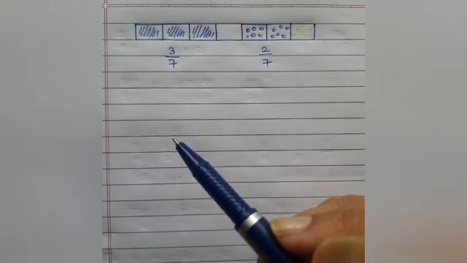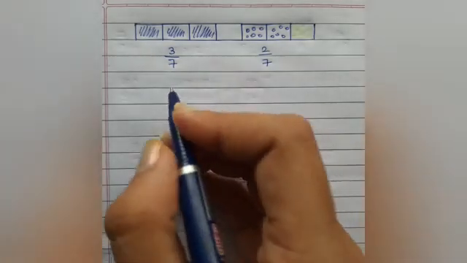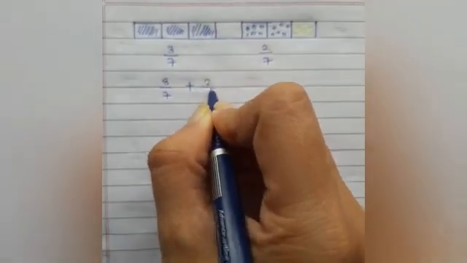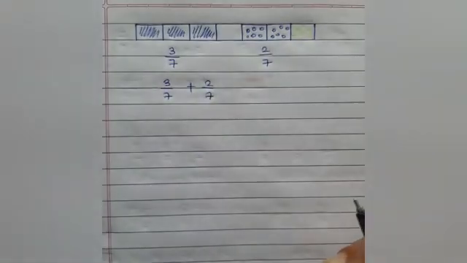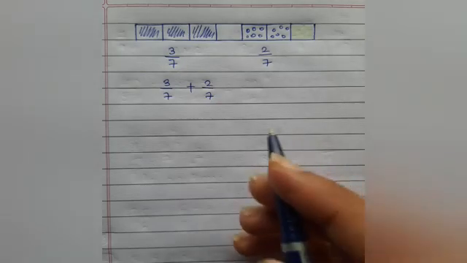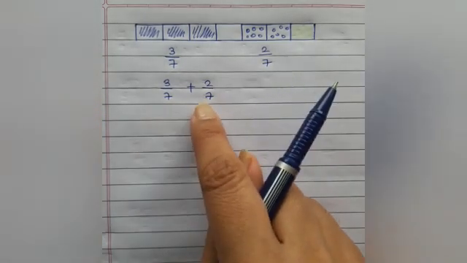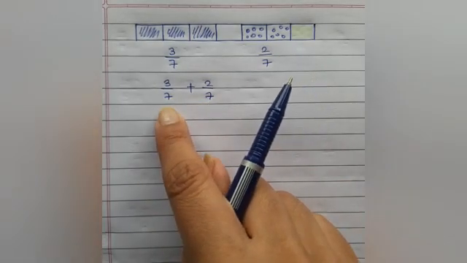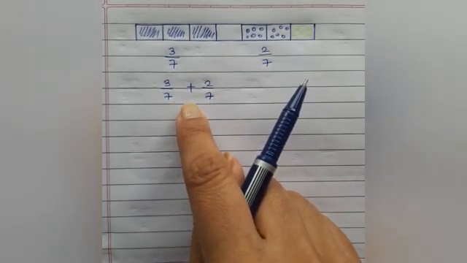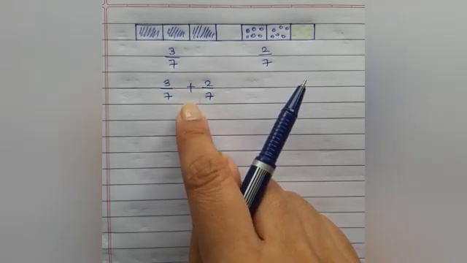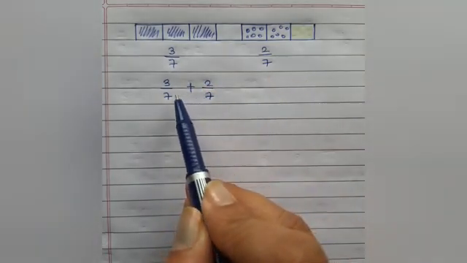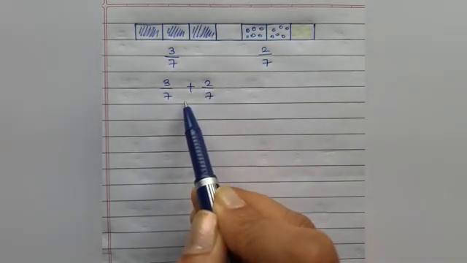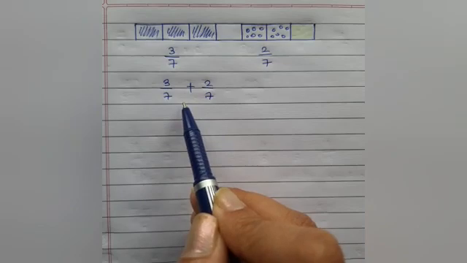So, we will write the fraction as 3 upon 7 plus 2 upon 7. Now, since the denominators are equal, that is 7, we are going to keep 7 as it is. That means we will add only the numerators and keep the denominator as it is.